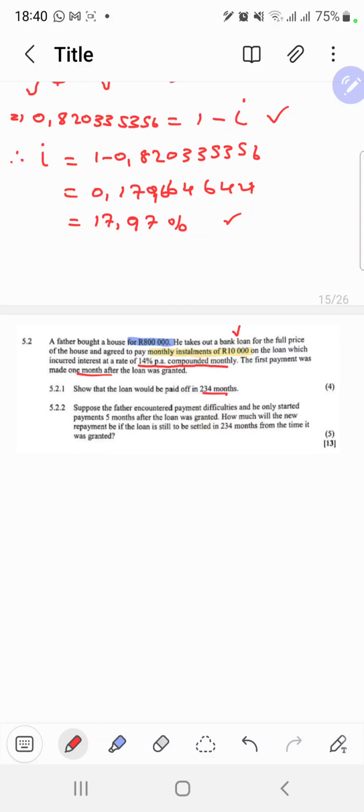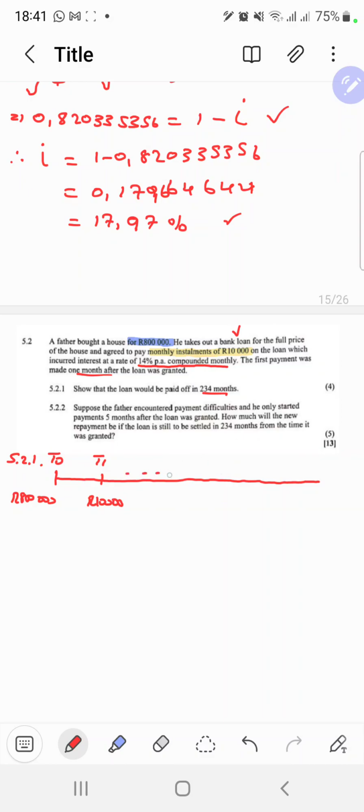Okay, not a problem. So let's deal with 5.2.1. Timeline is important, guys. I cannot overly emphasize this tool. It's so wonderful. So T0, this is when you're taking the loan, right? This is the 800,000 that we took. And then T1, we're paying 10,000, okay?